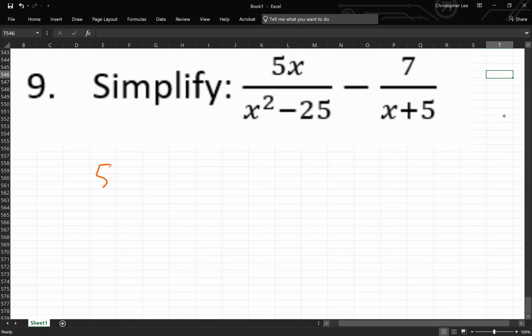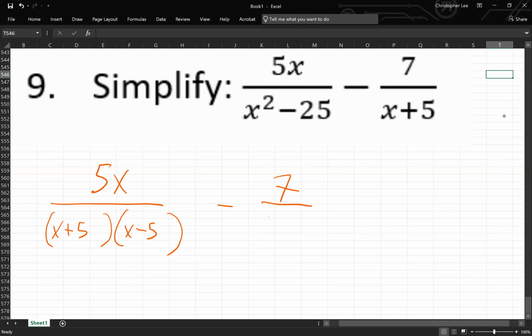So now I have 5x over, let's factor that x squared minus 25. What is that? Very good, right? Minus the 7 over the x plus 5.